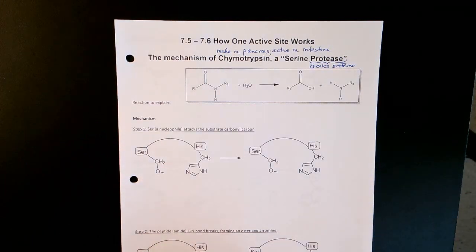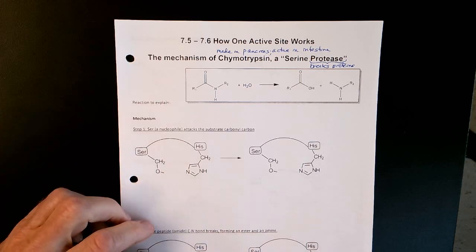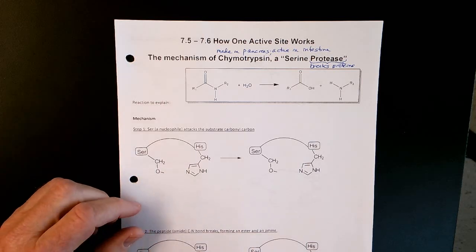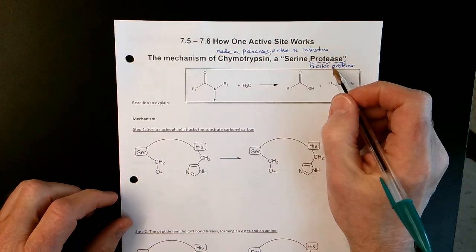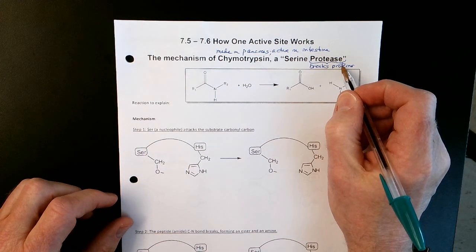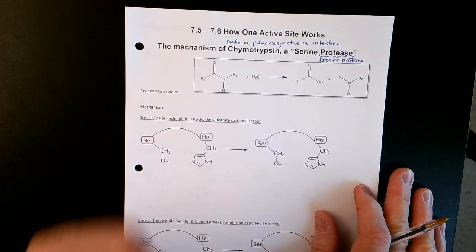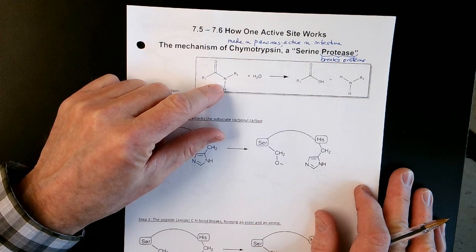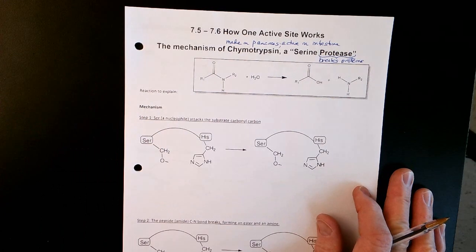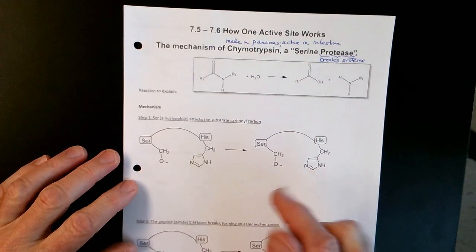All right, as with any reaction mechanism, you need to start with the reaction itself. Callista, you're squinting. This says breaks protein. All right, made that a little too small. So here is an abbreviation for an entire protein, and we're going to focus on only one bond that matters right here.